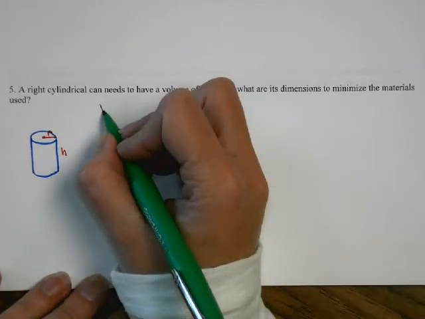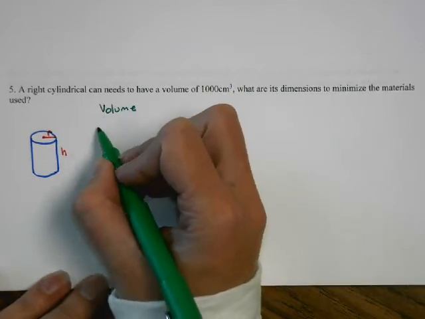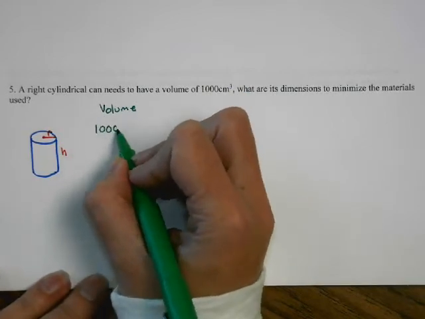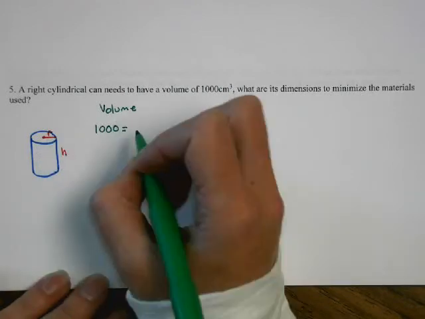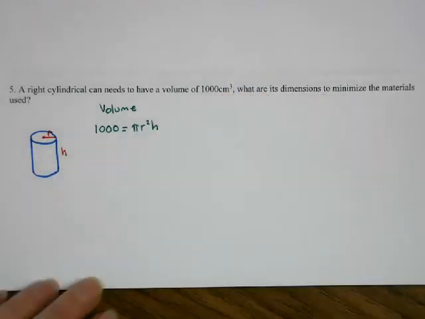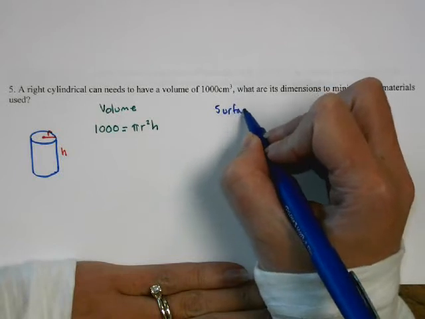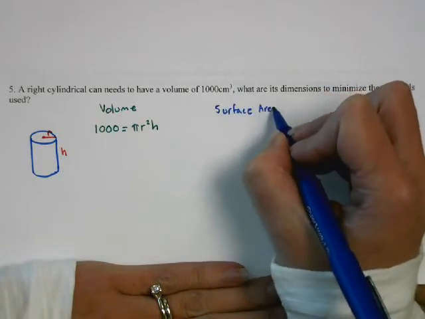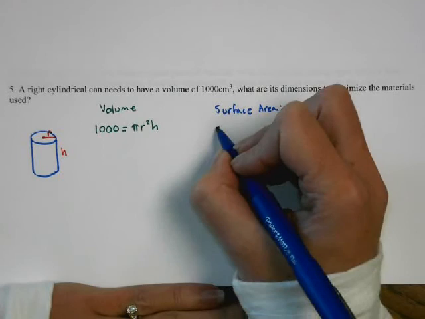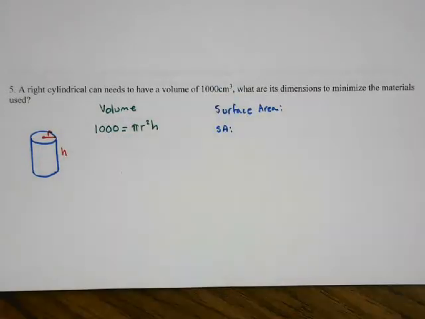So we know the volume. Okay, for my volume, 1,000 is going to equal the volume of this, which is pi r squared h. We'll come back to that. The dimensions, or the surface area, we're going to have the 2 circles.